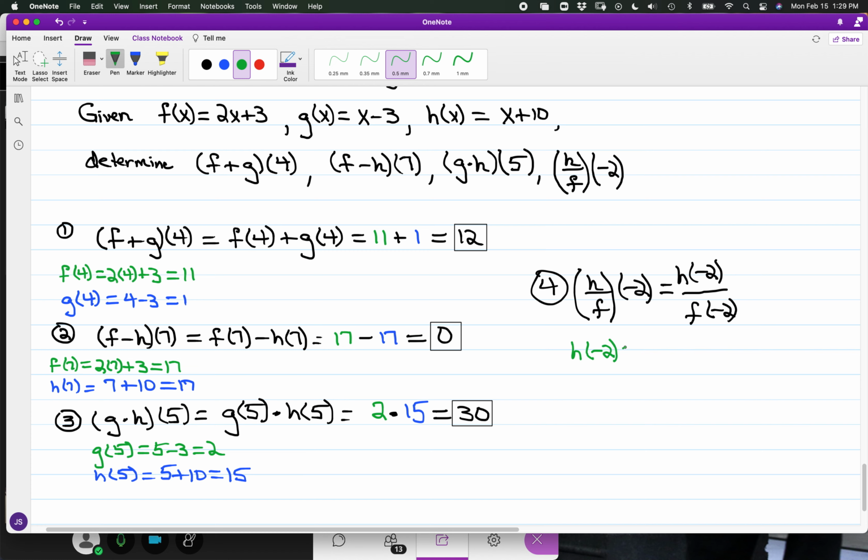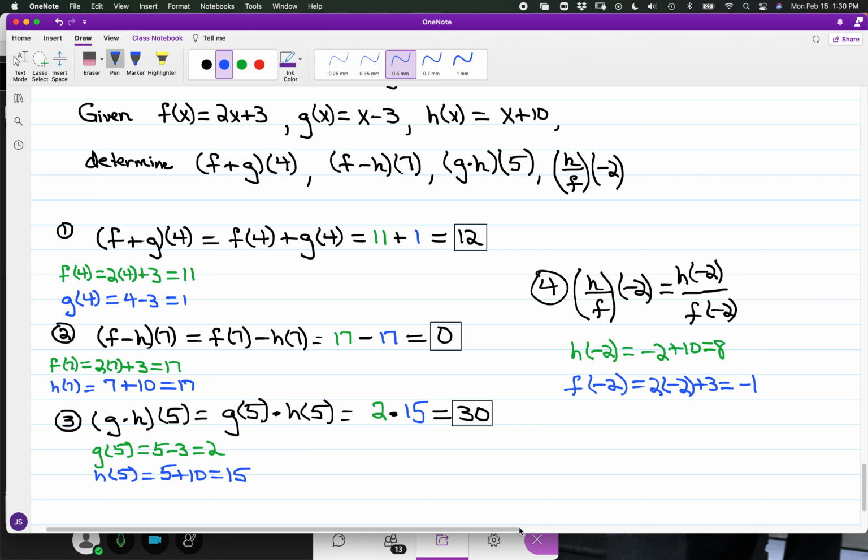So h of negative 2, okay, so you have negative 2 plus 10, which will be 8. And for what we have in the case of f of negative 2, so you have 2 times negative 2 followed by 3. Now 2 times negative 2 is negative 4. Negative 4 plus 3 is negative 1.